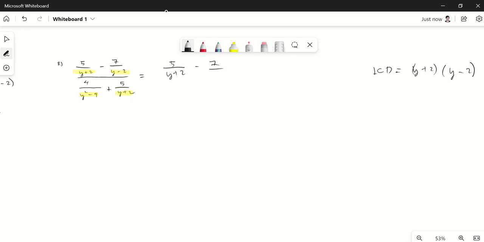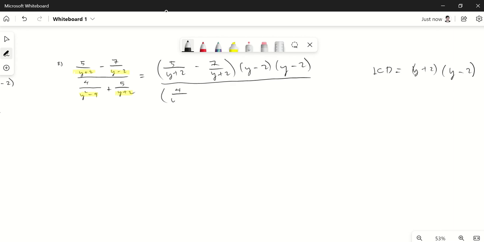Same as our process a while ago, in our complex fraction, you need to multiply the LCD to its numerator. So don't forget that the numerator must be enclosed in a parenthesis to avoid errors. The denominator as well, you do the same thing.